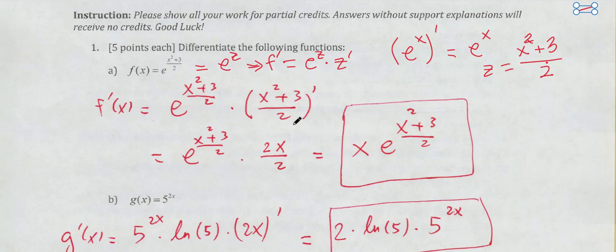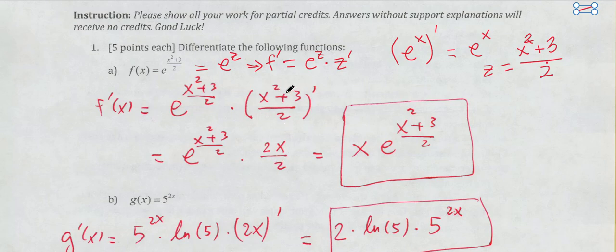So this term stays the same as this one, and this is the z prime function. When we find the derivative of this term here, we can use the power rule. Imagine that the 2 here is just the 1/2 constant, so it just stays as the 2 at the bottom.